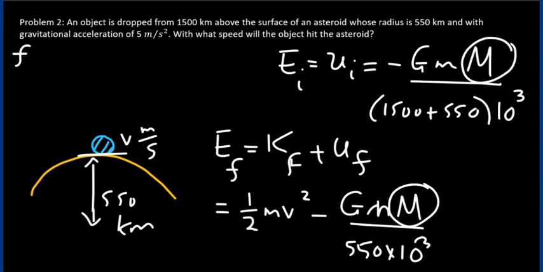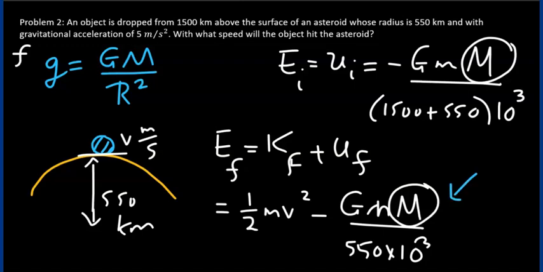From our discussion on gravitation, on Newton's law of gravitation, we mentioned that the gravitational acceleration at the surface of, say, a planet is given by the gravitational constant times the mass of that planet or the object over the square of its radius. So we can use this to determine the mass m of this asteroid.